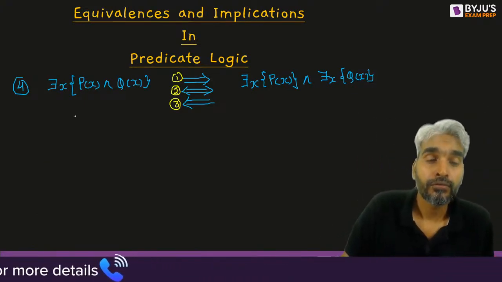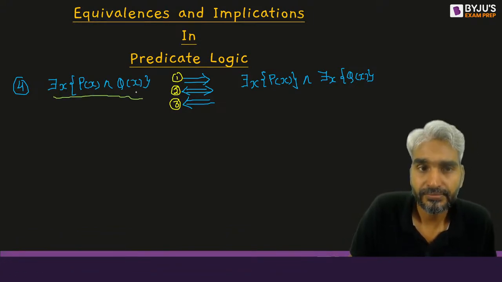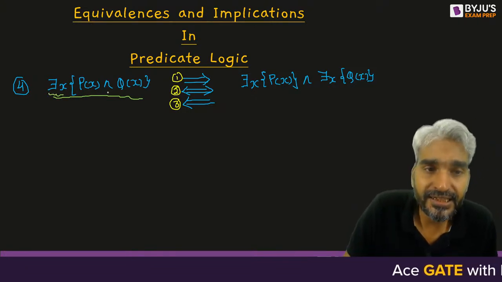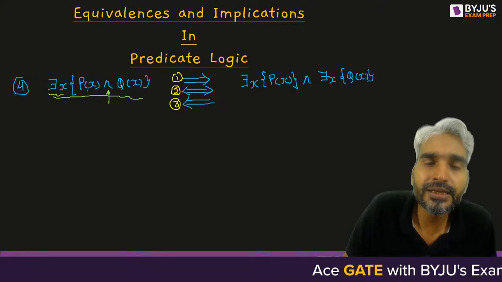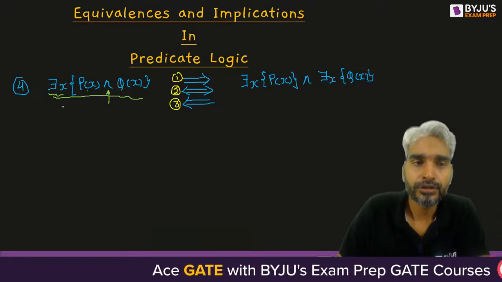So, what do we say? Sir, this LHS can be true for what condition? So, LHS, if there exists at least one x such that the conjunction of P as well as Q is true for that x, then this there exists will return true. So, what's the idea here?